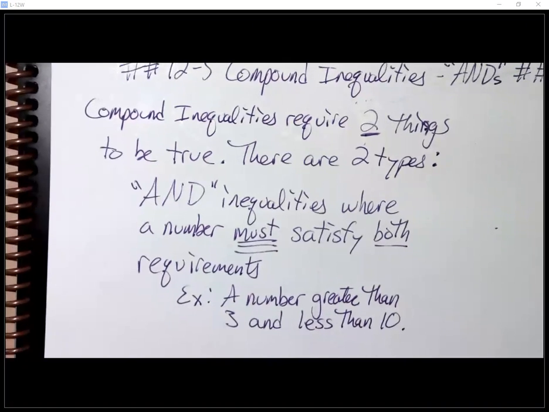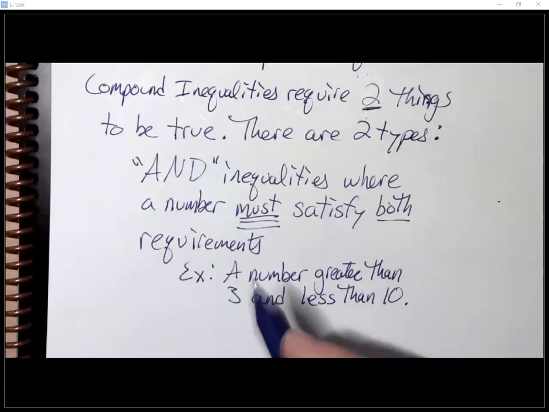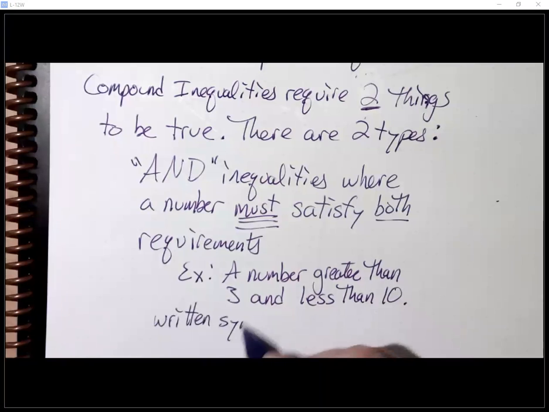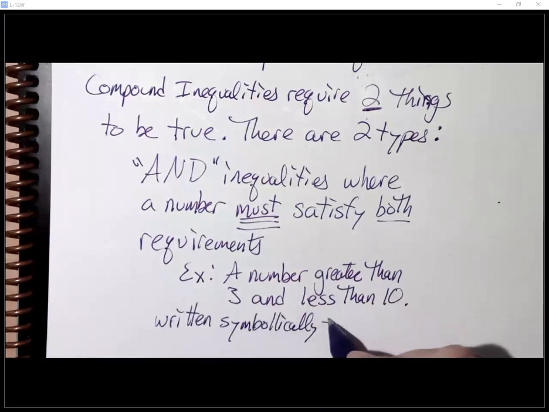Okay, so we can write this symbolically. Instead of writing it out in all of these words, that's a lot. It'd be so nice if I could just write it as one inequality. And you can. You ready for this? I'm just going to take my smaller number. So let's write it like this. Written symbolically. Three.